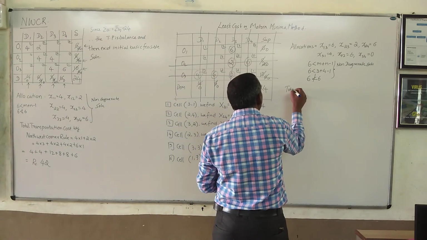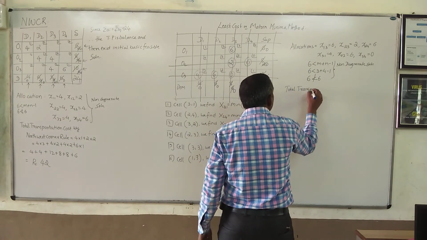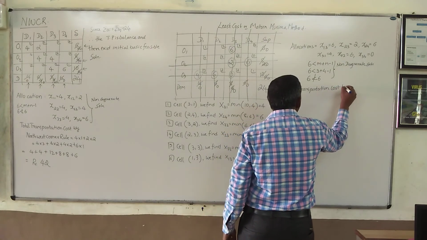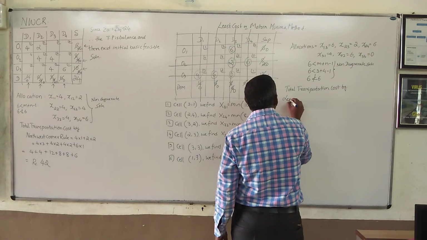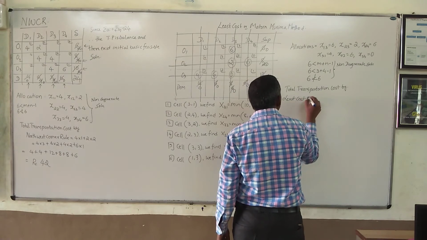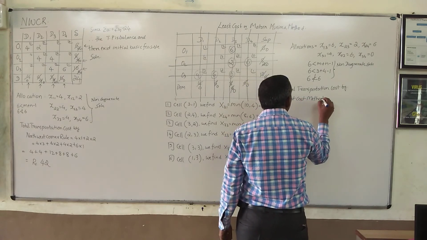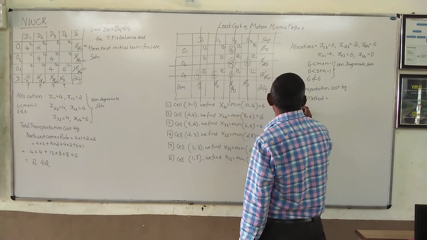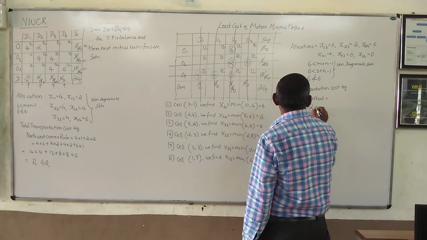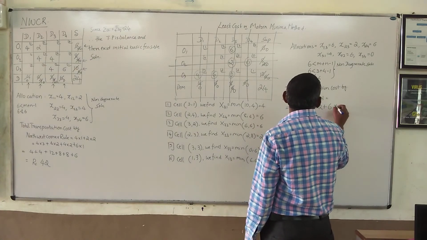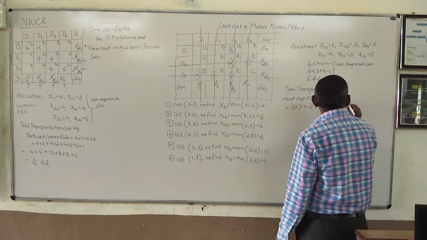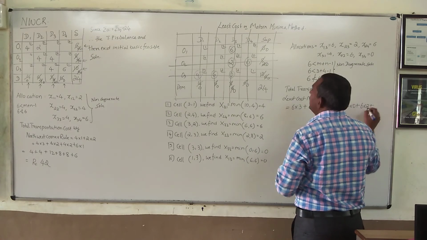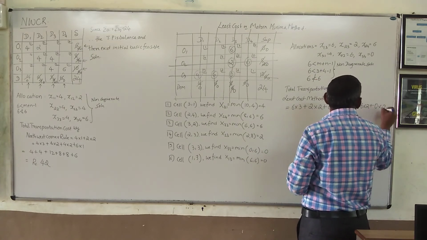So the total transportation cost by least cost method is equal to how much? So that is 6 into 3 plus 2 into 2 plus 6 into 0 plus 4 into 0 plus 6 into 2 plus 0 into 2.